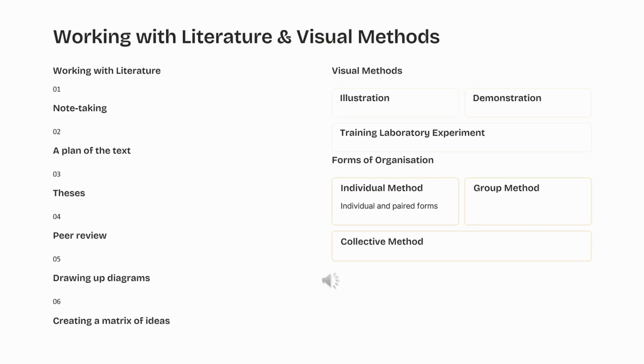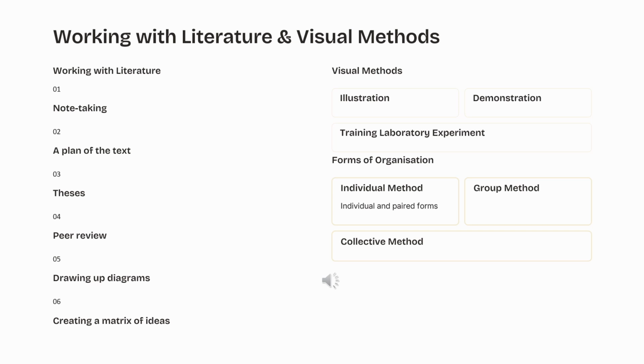This slide combines two significant areas: work with literature and visual methods. Work with literature includes note-taking, planning the text, formulating theses, peer review, drawing diagrams, and creating a matrix of ideas. These practices are pedagogically important because they transform reading from passive exposure into analytical and productive work.